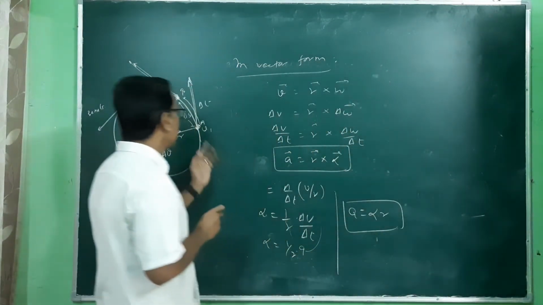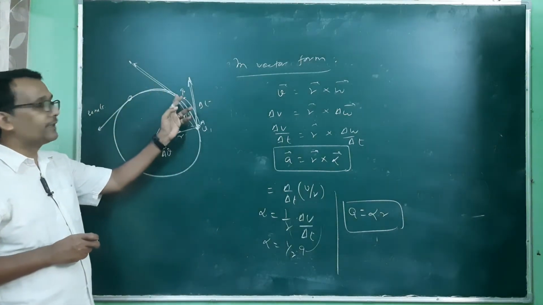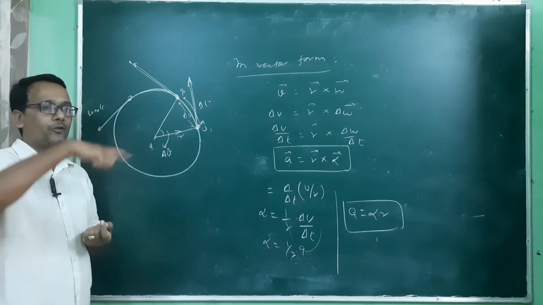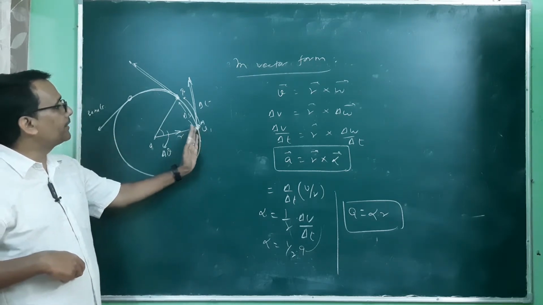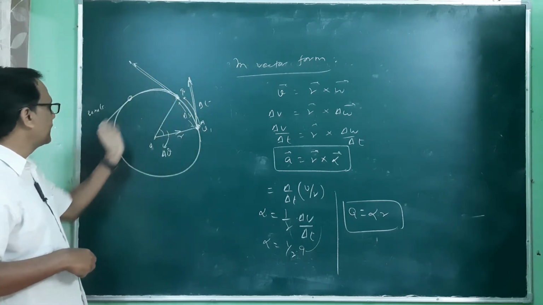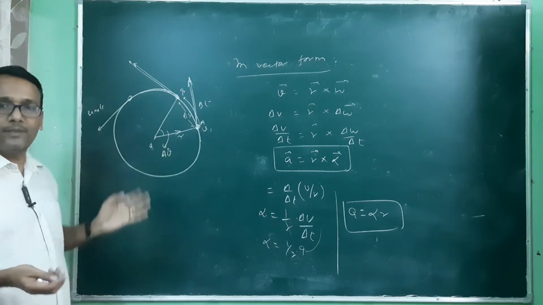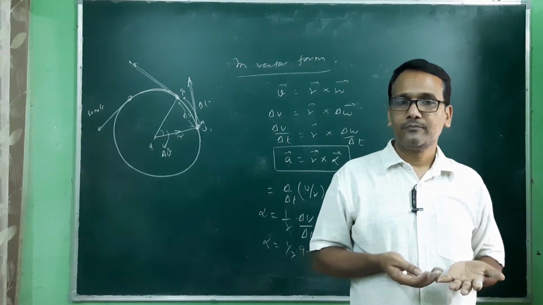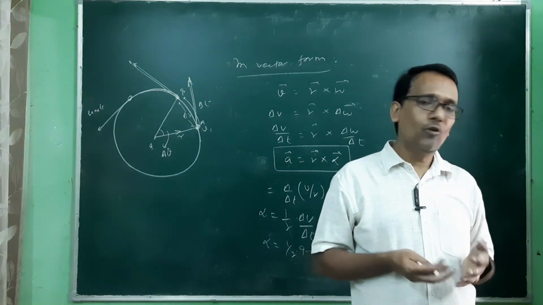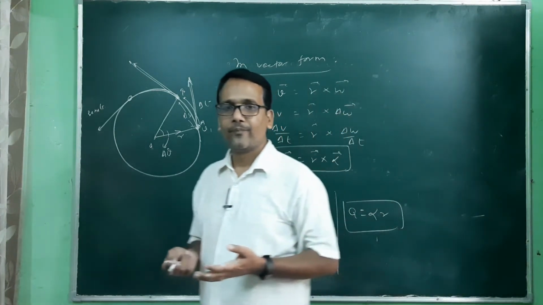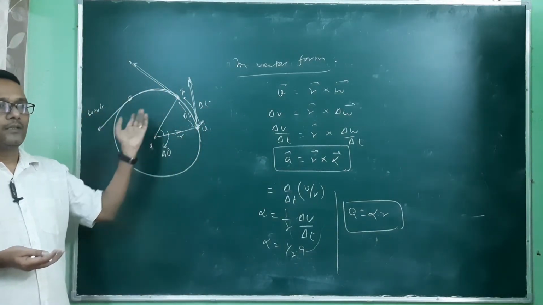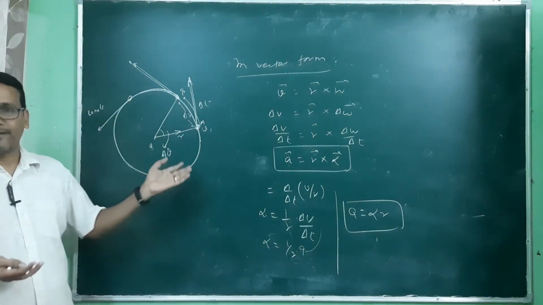So if the speed is constant, 30 meters per second here, here, and here, its magnitude is constant, but there is a change in direction. Change in direction means there is a change in velocity. If there is a change in velocity, obviously there will be acceleration. Such acceleration is known as tangential acceleration.